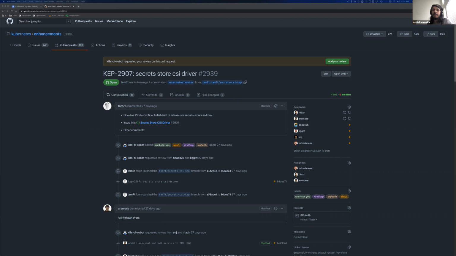So I think it's mostly in terms of usage. Users actually want a GA implementation of the driver. And then custom resources: initially when we started off, all the metadata that was required for the volume mount was provided as part of the pod spec itself, right? And then to support pod portability, we added these custom resources and then switched over to having the user configure that through custom resources.